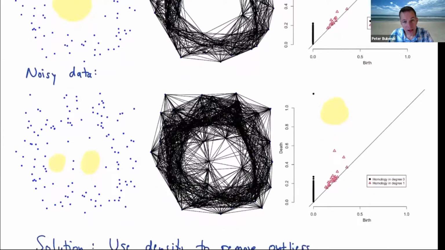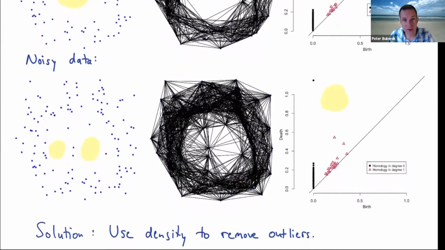All right, now, so how do we solve this? There's a kind of naive solution that's been applied many times since the beginnings of topological data analysis, which is to try to get rid of those points inside the annulus. And we can do that by thresholding by density to get rid of all the points that are in low density regions.